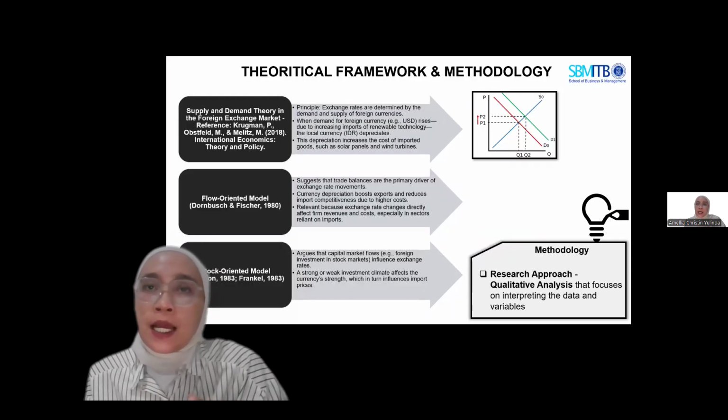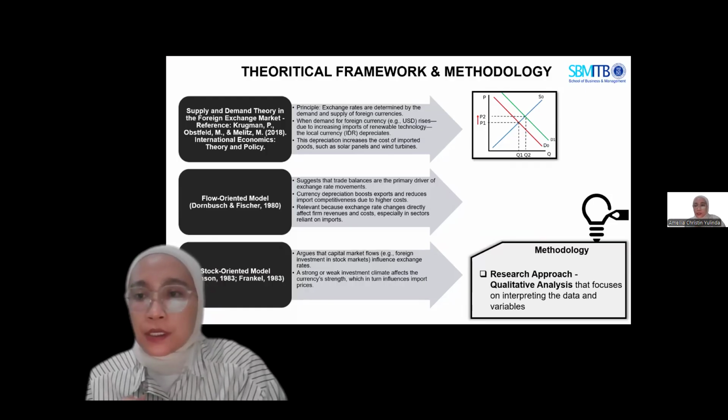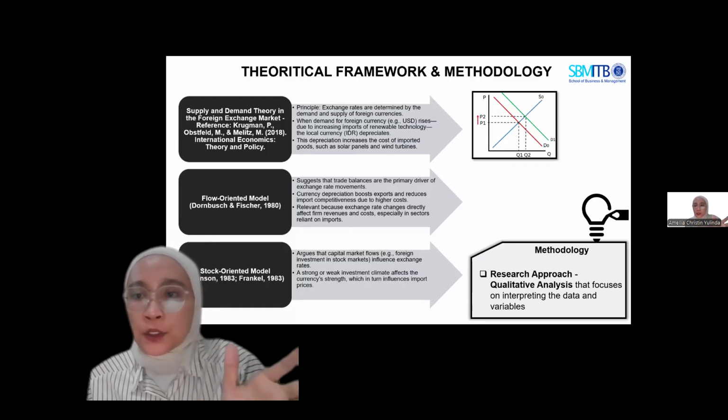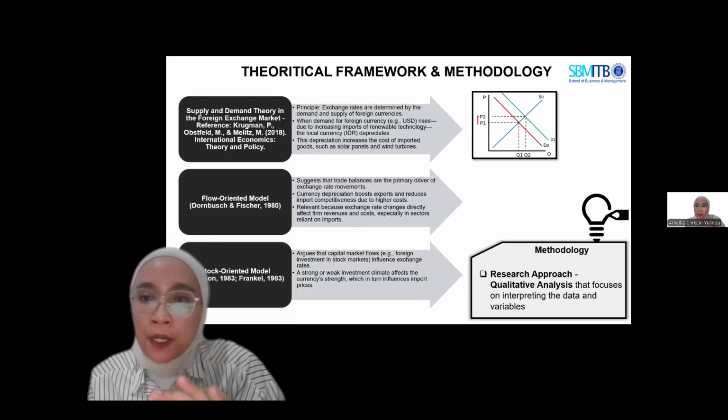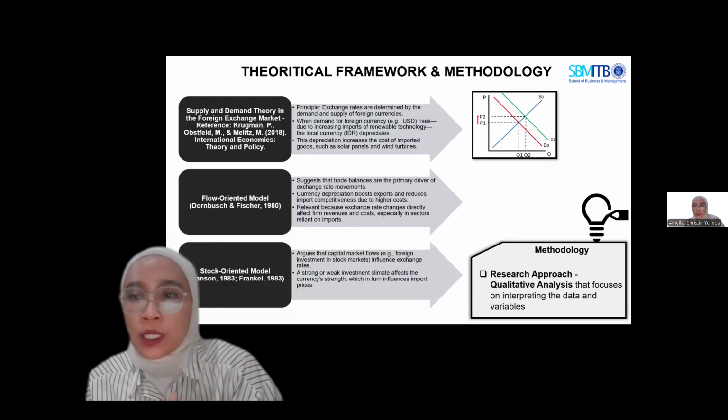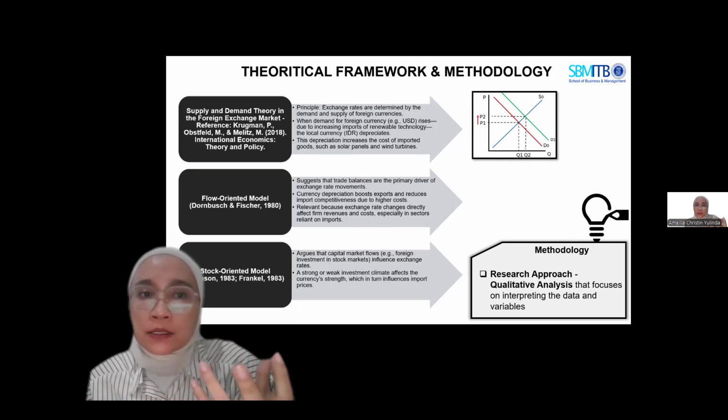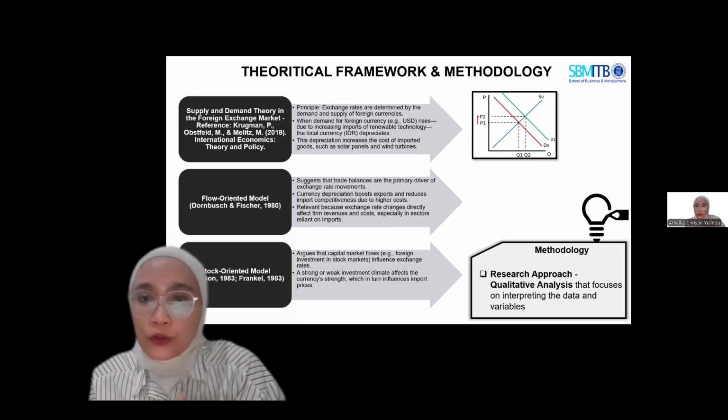Actually, this presentation is in line with the framework of my study. After we talk about the background and the introduction, we create the theoretical framework and methodology.